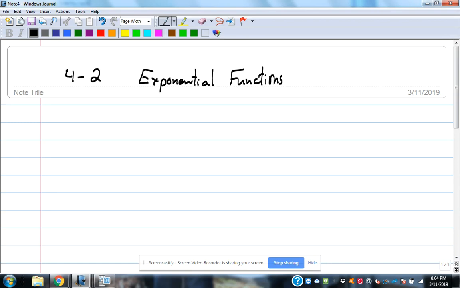So I want to talk about exponential functions. Exponential functions basically are things that have a base and the variable is in the exponent. That's what makes it an exponential function.